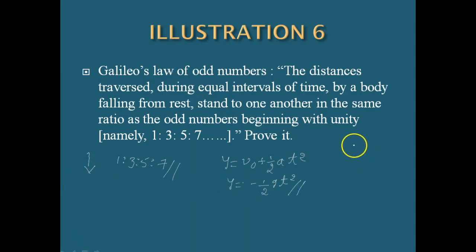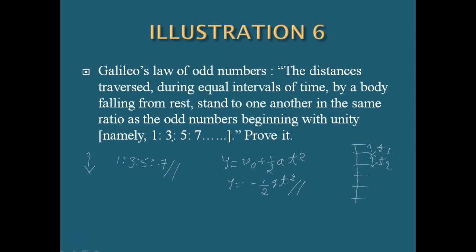So when a body falls from a certain distance, we divide this into a number of time intervals, calculate each interval, and then see whether it is the same as the odd numbers ratio.